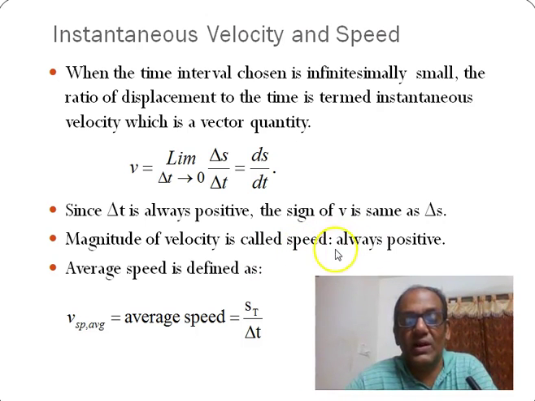You take absolute quantity and it is always positive. Another quantity that we often try to specify is average speed. Average speed over a long period of time is defined as the total distance traveled divided by the total time elapsed.